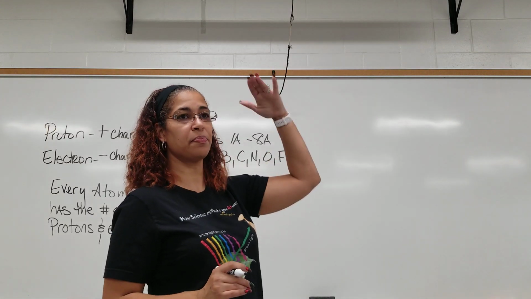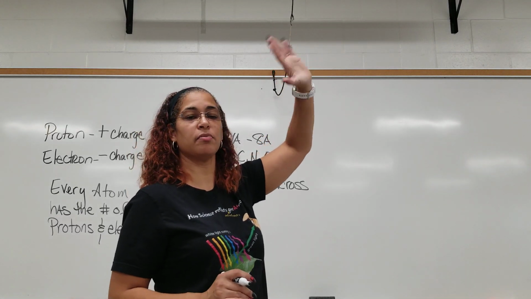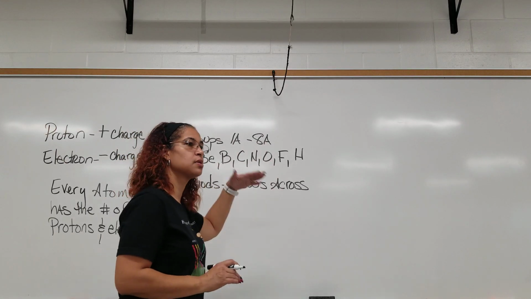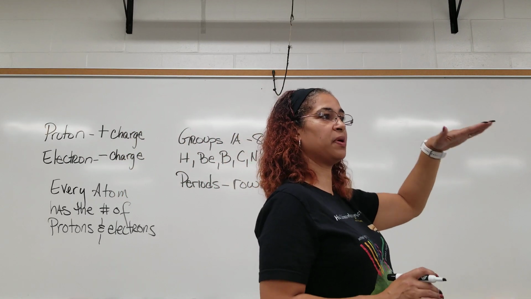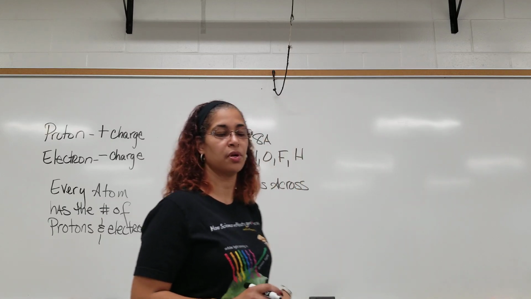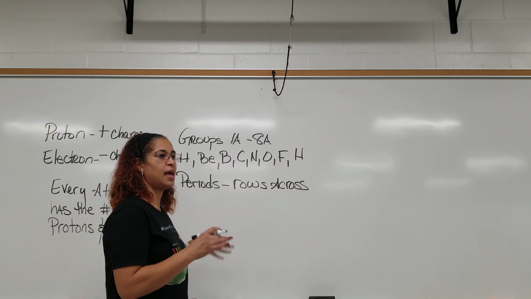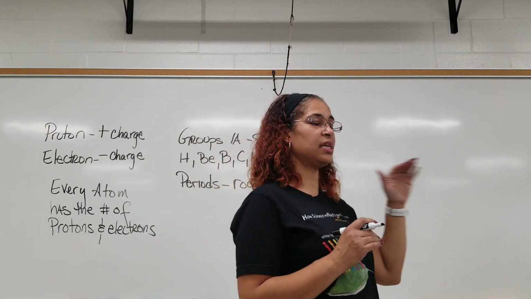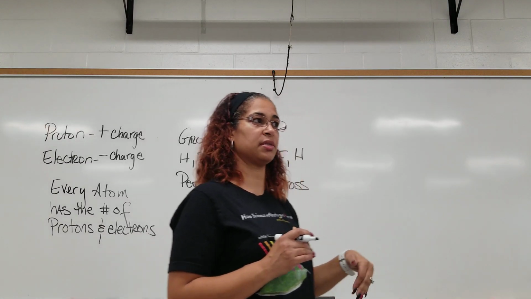So as you go down the periods, hydrogen is in the first period. Hydrogen and helium only have one shell. Lithium through neon have two shells. They're in period 2. Sodium through argon have 3 shells. They're in period 3, so on and so forth. So when you look at your periodic table, you will see that the number of shells that each element has corresponds to the period it's in.